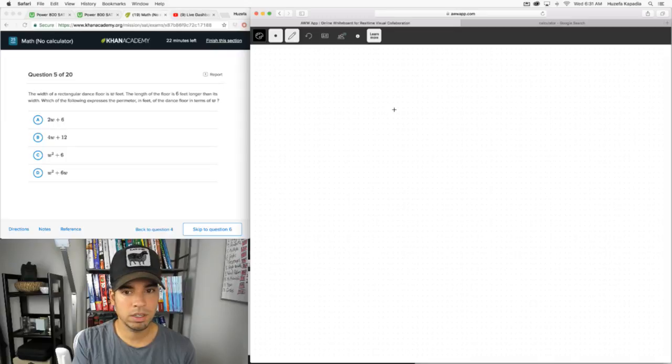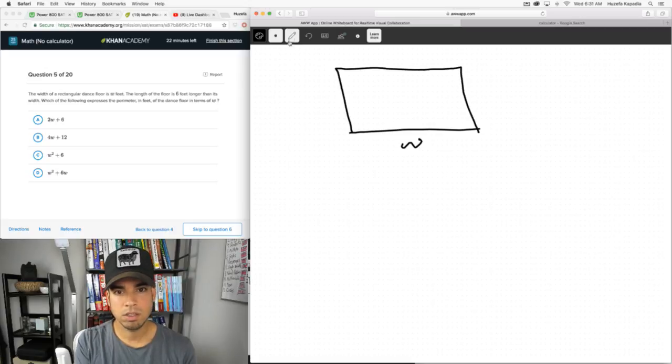The width of a dance floor is W feet. The length of the floor, all right, let's do it the other way. The width is W. The length is 6 feet longer than the width, so this one is W plus 6.